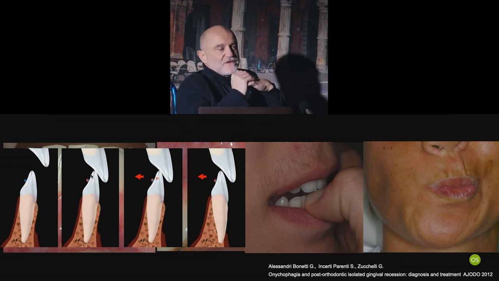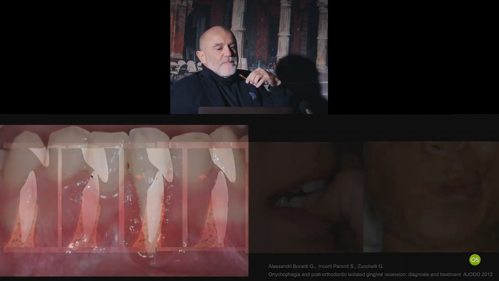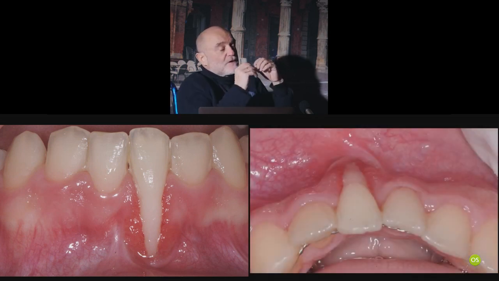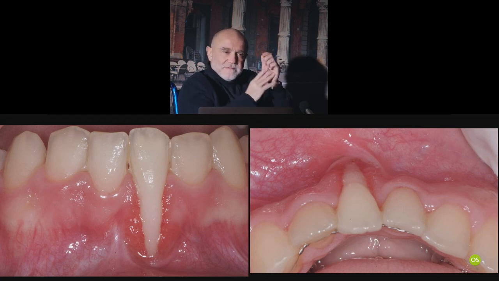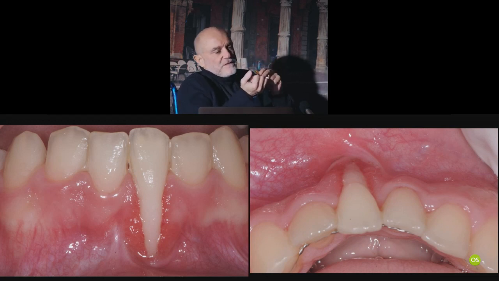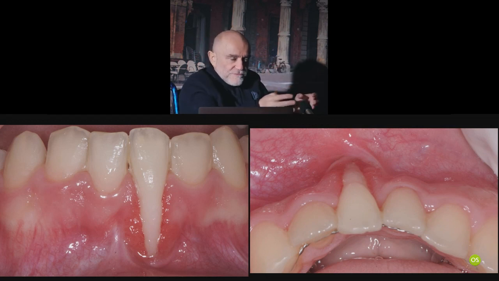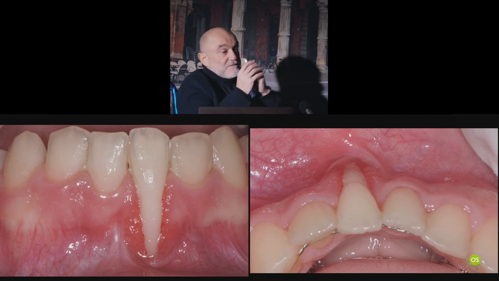Because in this situation, you cannot make any surgical procedure. You cannot make any surgical procedure because if you open the flap to treat this gingival recession, you can find the apex or the tissue around the apex completely exposed from the bone.